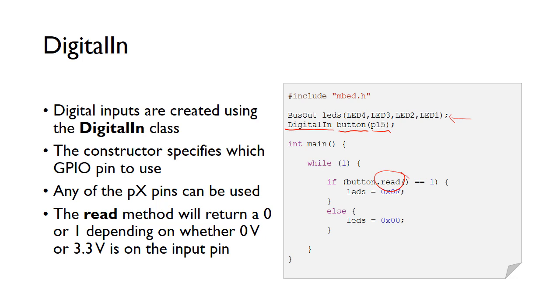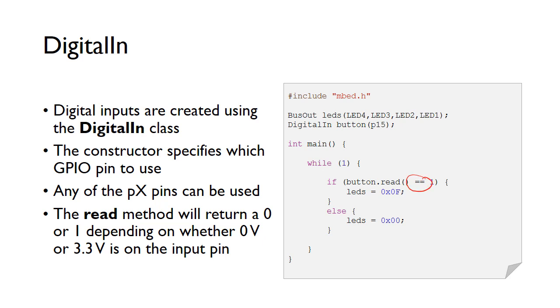So assume we've got it connected up as we've seen before. When we come to this code, we enter the main function, then we come into this while loop, and then we're going to check if button.read is equivalent to 1.